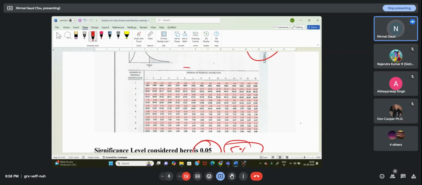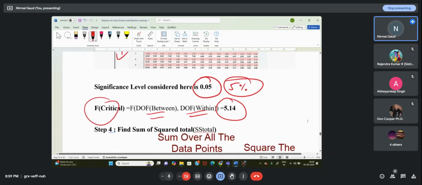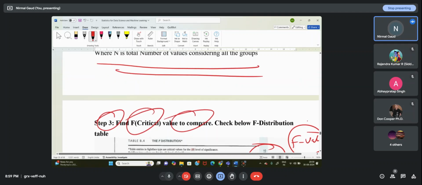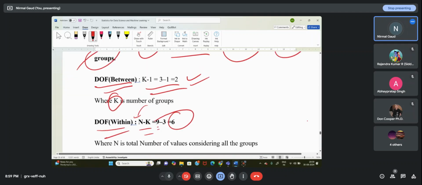This represents the degree of freedom for the numerator and this represents the degree of freedom for the denominator. Degree of freedom between came 2, and degree of freedom within came 6.